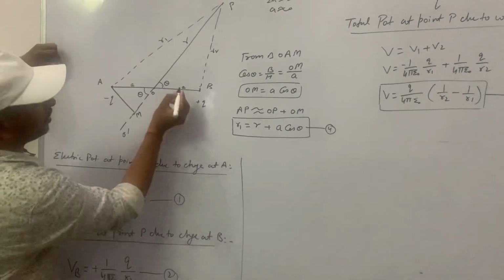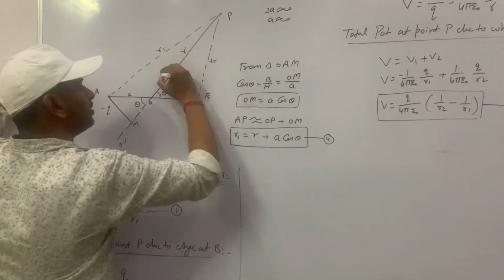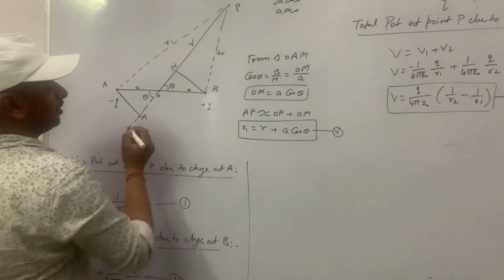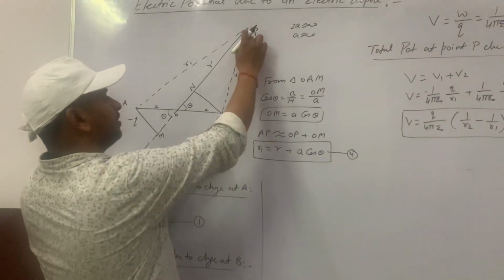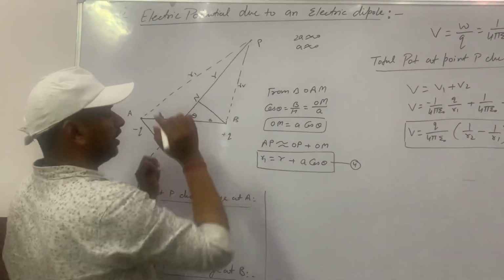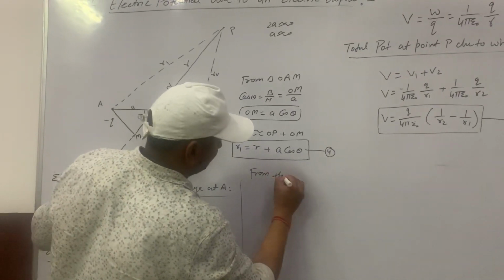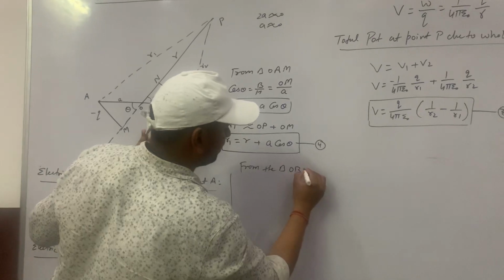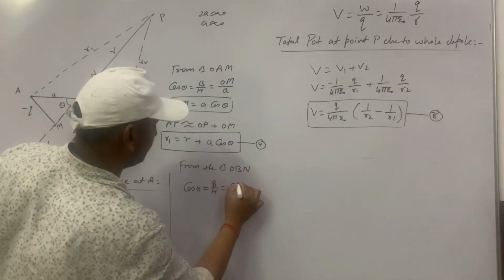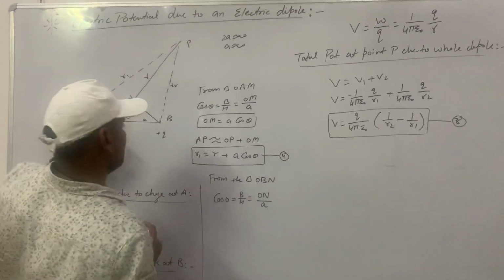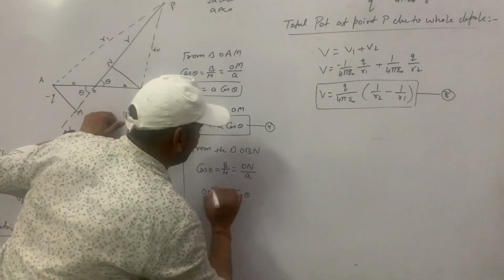Further, we draw a perpendicular from B to OP. Let this point be N. If the given dipole is an ideal dipole, then the distance BP is nearly equal to PN. So from the triangle OBN, cos theta equal to base over hypotenuse equal to ON over A, and ON equal to A cos theta.